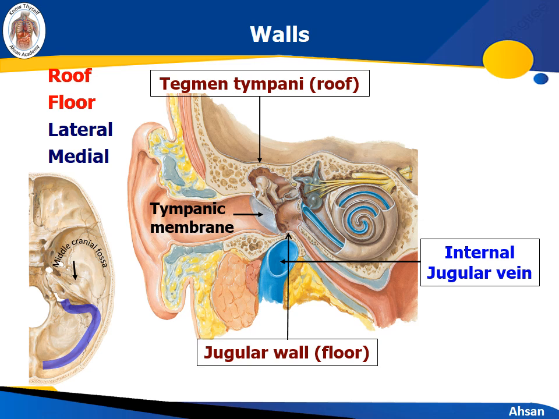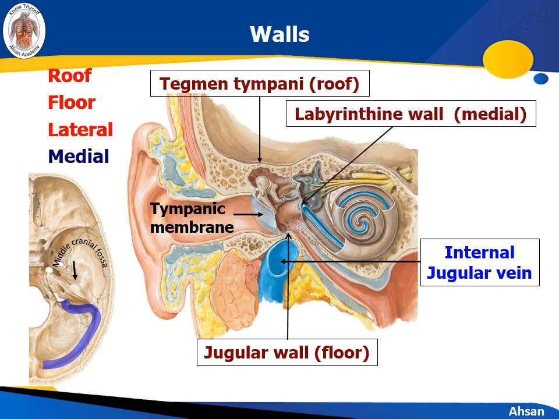The tympanic membrane forms the lateral wall, and the medial wall separates it from the internal ear, and this is known as the labyrinthine wall. So we got the 4 walls here: the roof, floor, lateral wall, and the medial wall.